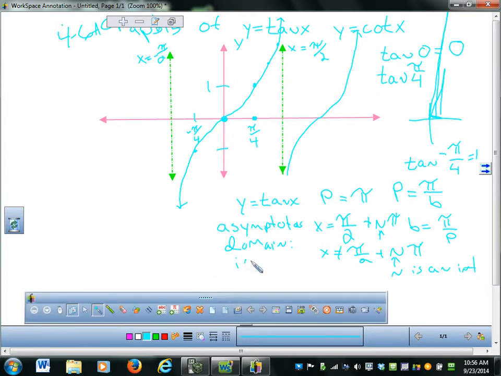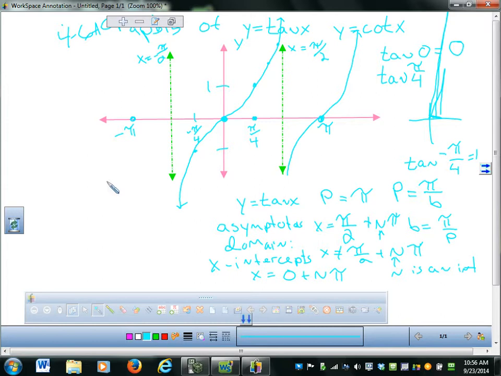The x-intercepts are at x equals 0 plus n times pi. Because here's an intercept right there. Here's another intercept, and if this is 0, 1 times pi would put me at pi. And if I had another intercept, negative 1 times pi would put me at negative pi.